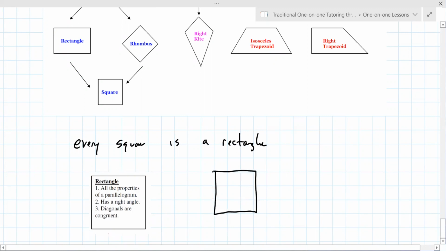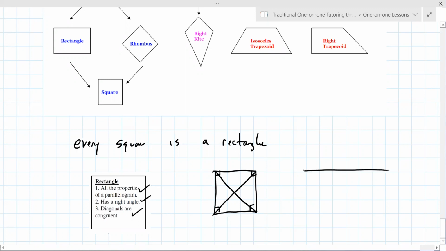We'll go through this list. Does a square meet at right angles? Yes, that's the second one there. We already know the first one's true. The diagonals congruent? Yes. So we know that a square has that, and the rectangle has this requirement.